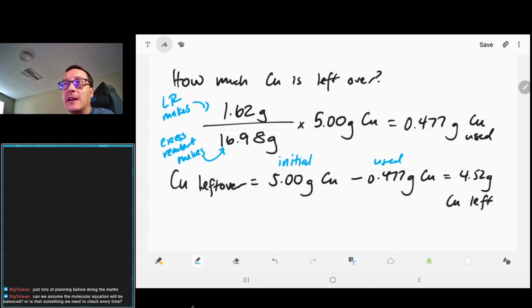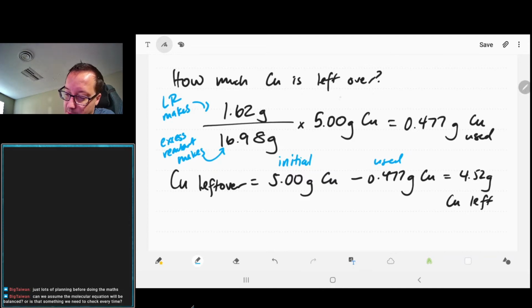So it's just seeing how much of it we actually used. So if you see we used roughly about 10%, right? Like 1.6 over 16 is 10%. So we used a little bit under 10% of our copper that we started with. So we have more than 90% of it left over at the end. So that's another thing you can do with this percent yield stuff.